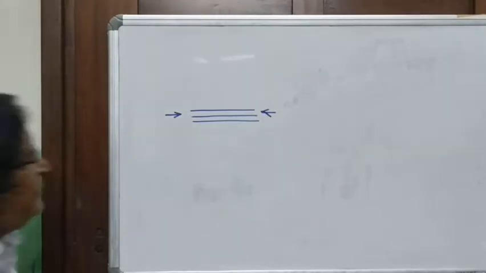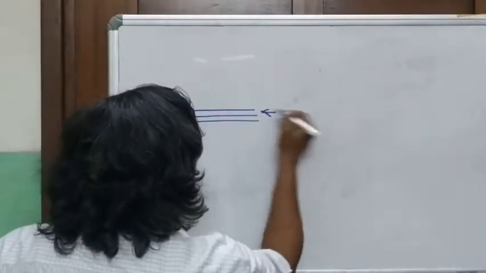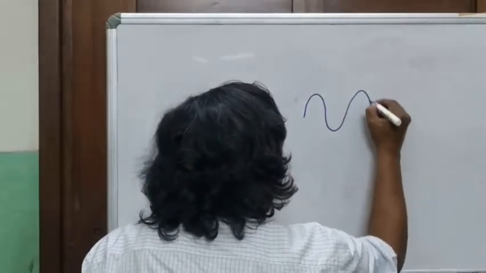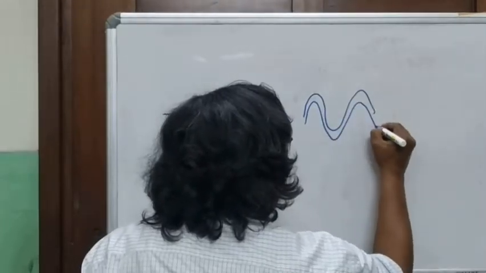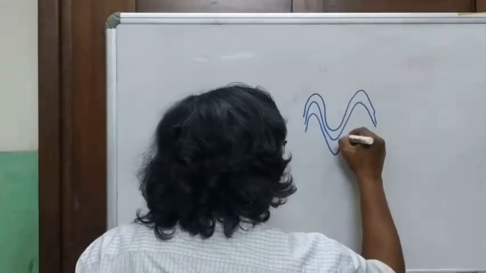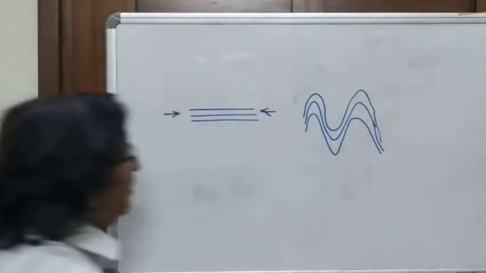So what will happen? This is the direction of stretching, this is the direction of shortening. So what will happen? They will start folding. This is how it will happen.